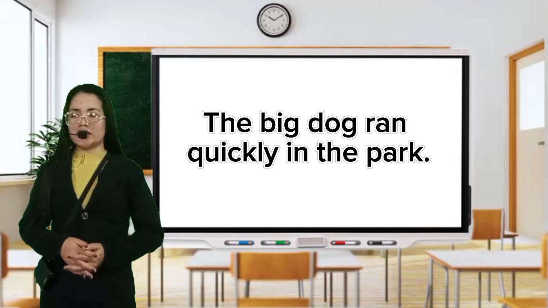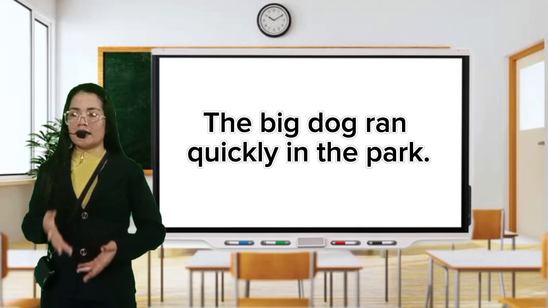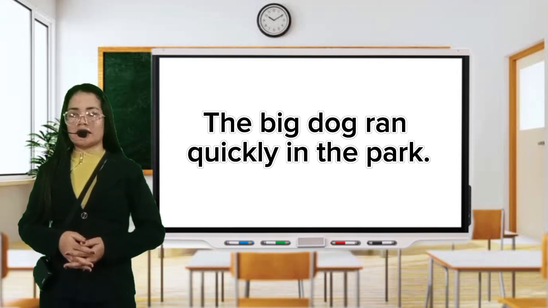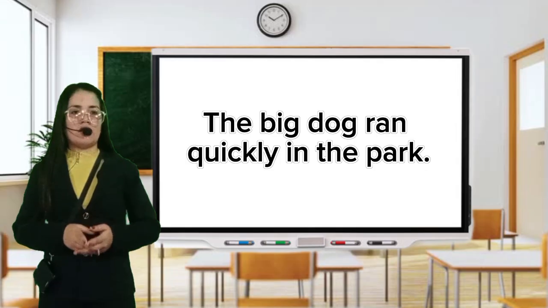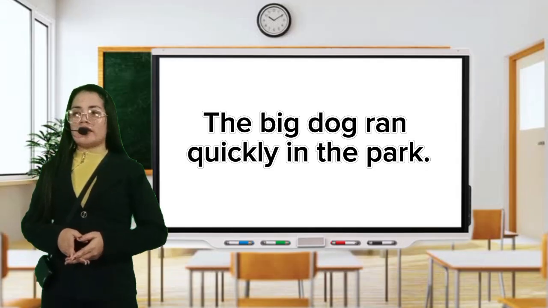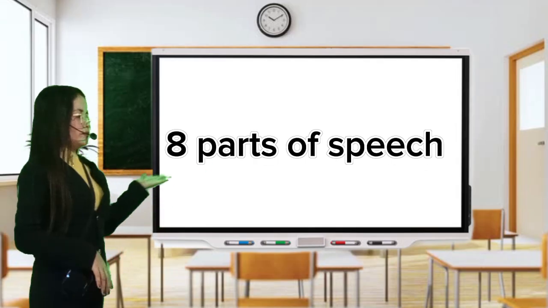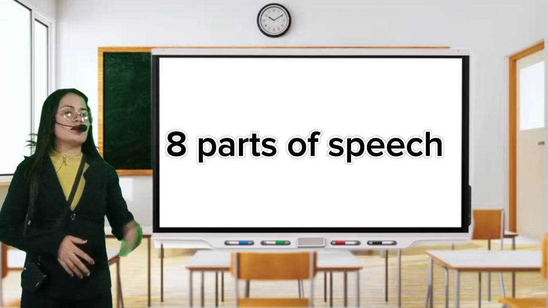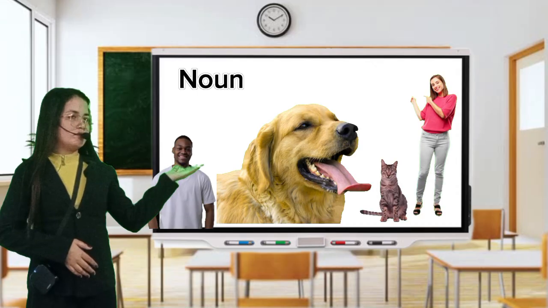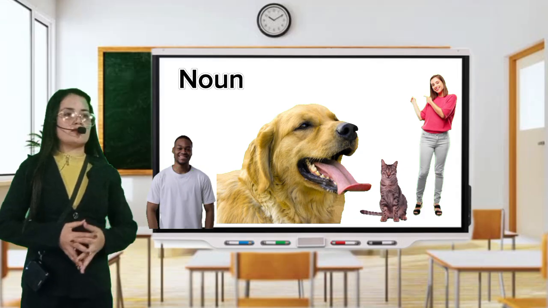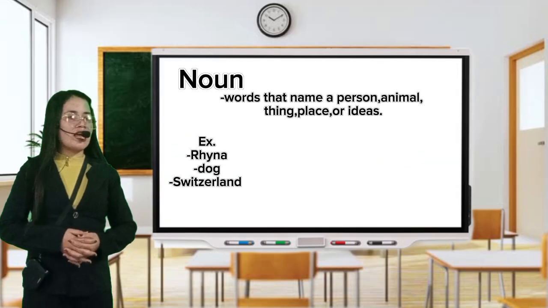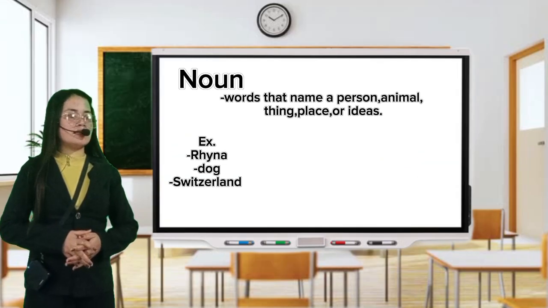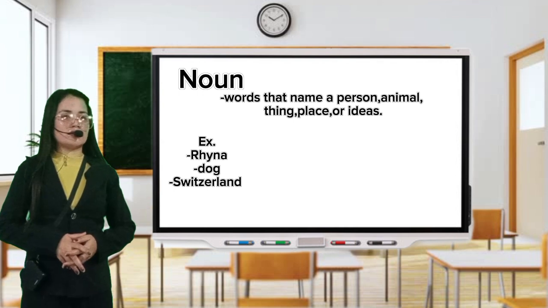After our initial word puzzle, let's now get a clear understanding of the different categories these words belong to. These are the 8 parts of speech. First, noun. Words that name a person, animal, place, thing, or idea.